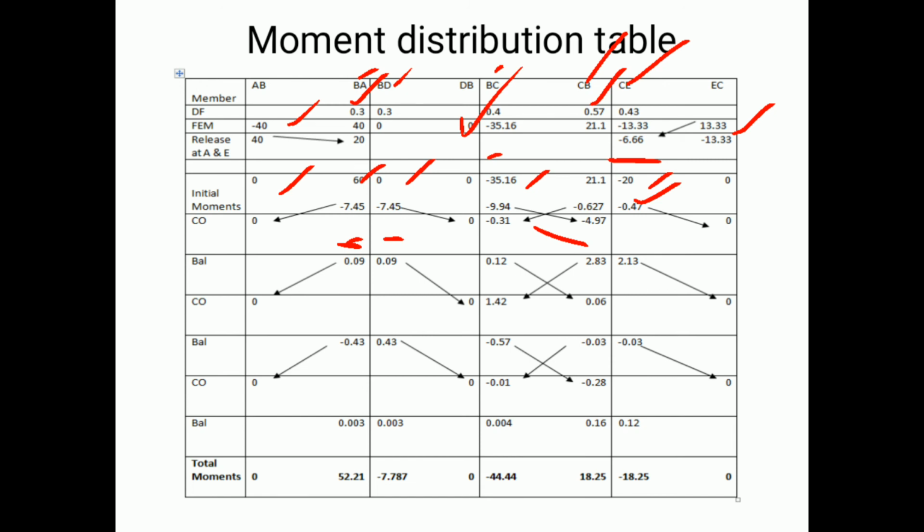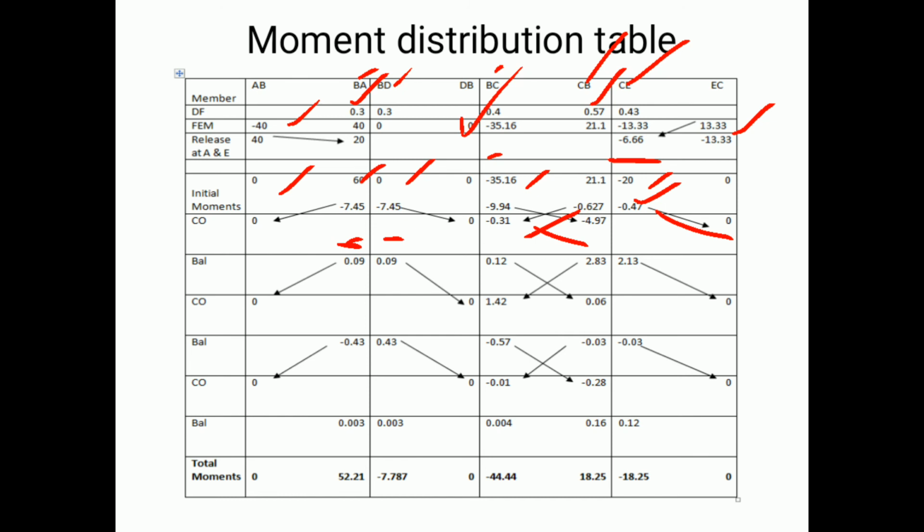Similarly, minus 0.627 I carry, divided by 2, will be minus 0.31 with the same sign convention. And again, E is the roller support, where I have released the moment. So in this case I don't want to carry the moment here, since it is 0 as it is.